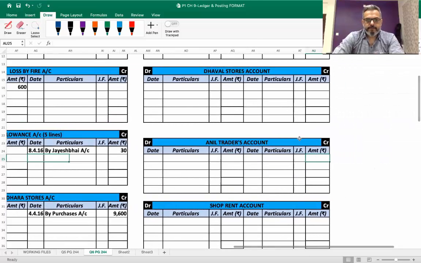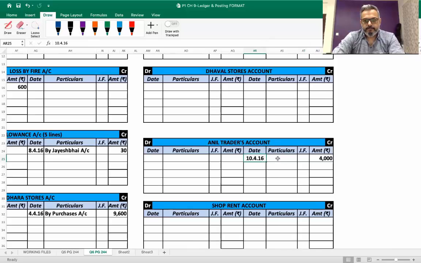Anil Traders 4,000, 10/4/16. By purchases.